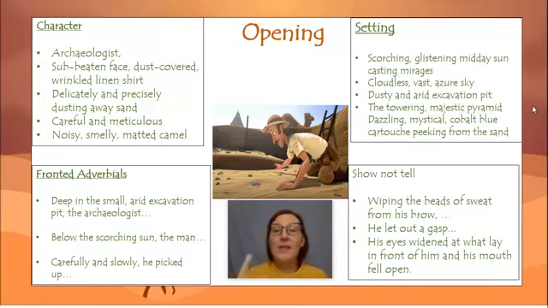Then when we go into the setting where it was happening, it was in the scorching, glistening midday sun. And that was starting to cast mirages. Now, a mirage is where your eyes play tricks on you, and you think you see something in the heat, but you don't really. It's not really there. It's just your eyes playing tricks, and that's a mirage.